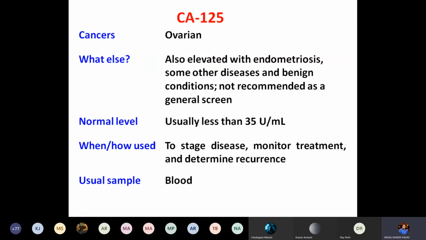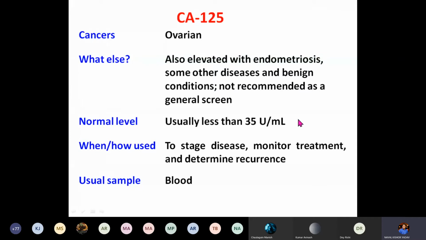In endometriosis it is also increased, and in some benign conditions the level of CA 125 is increased. But compared to other tumor markers, this is more specific for ovarian cancers. If you are suspecting ovarian cancer in an individual, you can go for CA 125.